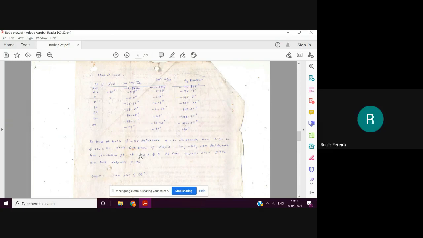Now this will be used for phi resultant. How do you get it? Phi resultant means: phi is equal to tan inverse of 0 minus tan inverse of infinity, minus tan inverse of omega by 2, minus tan inverse of omega by 20.